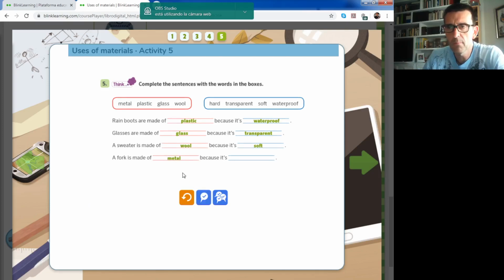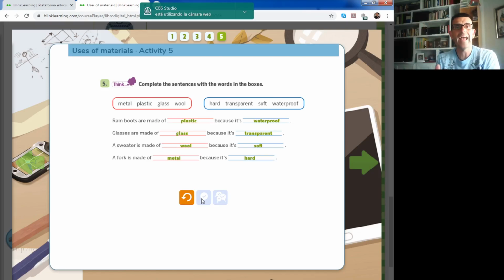So it's made of metal because it's hard. The metal is hard. And we need metal spoons and metal forks because we use them every day. Porque lo usamos todos los días. We use the fork, the spoon, the knives.